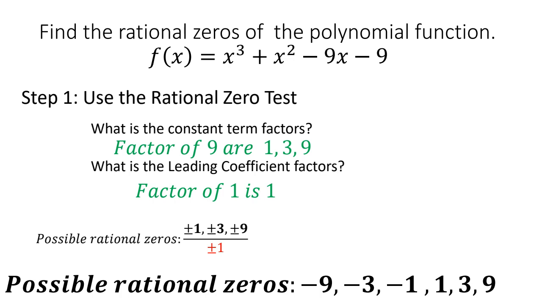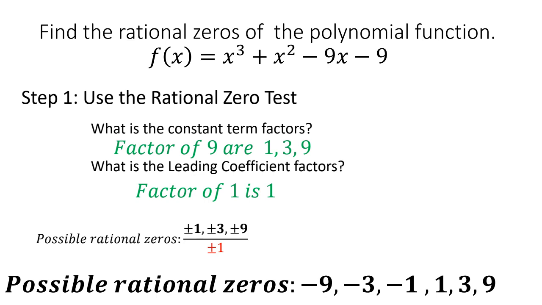We take the factors of our constant term, which in this case is 9. I'm not interested in the sign because I'm going to get all of the positive and negative values. Okay, so I'll get all the factors of my constant, and I'm going to divide them by all the factors of my leading coefficient. So in my example, I have a 1 here.